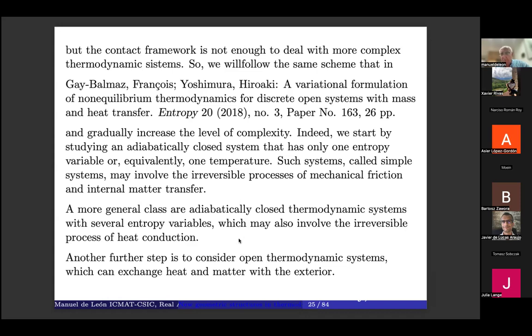So these are more complicated systems, and this is the idea of Gay-Balmaz and Yoshimura: using a variational principle, they obtain the equations for these more general systems. And the idea was how to recover these equations from the geometry, not using a variational principle.